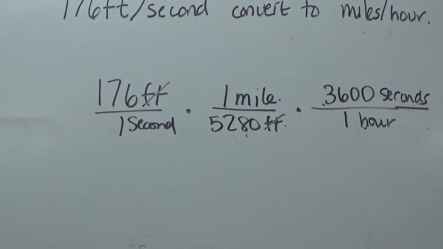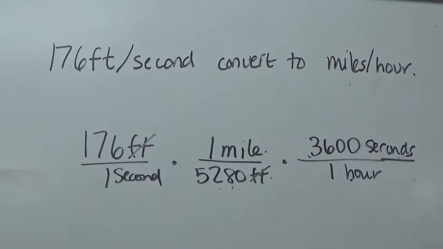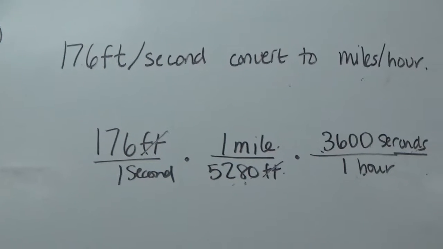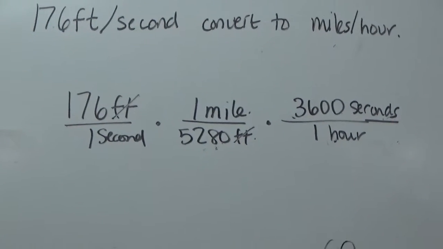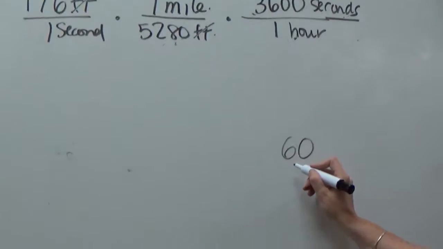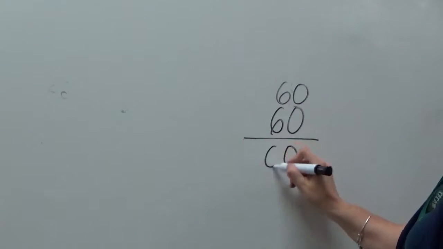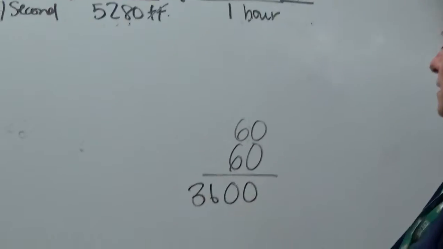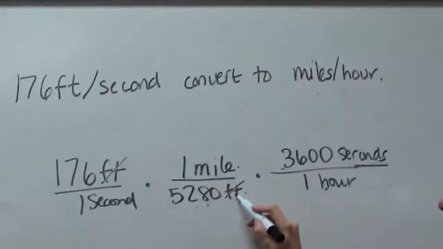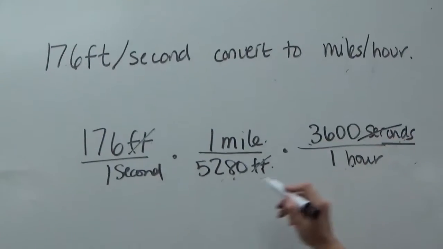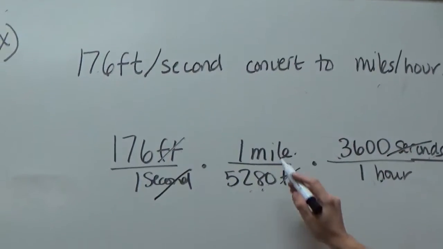If you don't know how to figure that out, 1 hour is 60 minutes, and 60 minutes has 60 seconds in every minute, so you get 3,600 seconds.